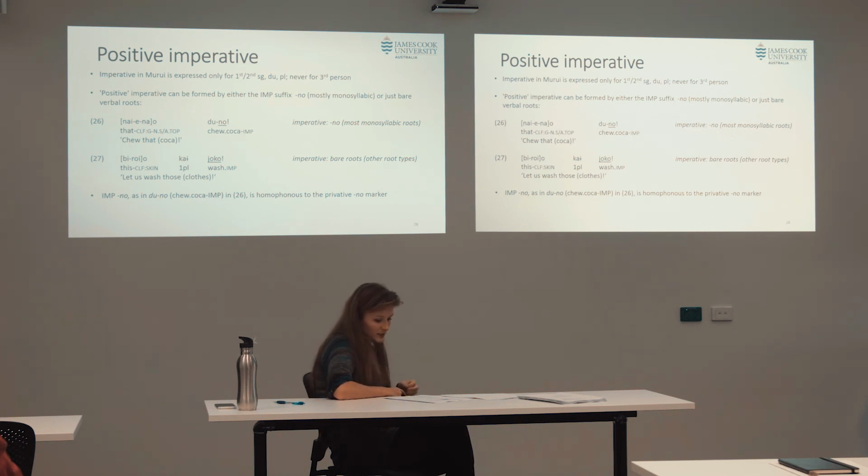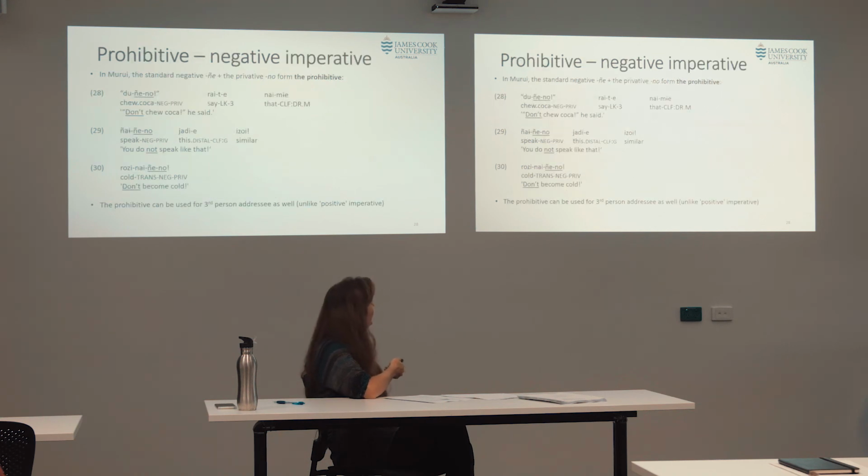So what this shows us is that in fact this imperative no, such as the one in 26, is homophonous to the privative no that we discussed in the previous examples. And I will tell you what are other reasons for this in a second.